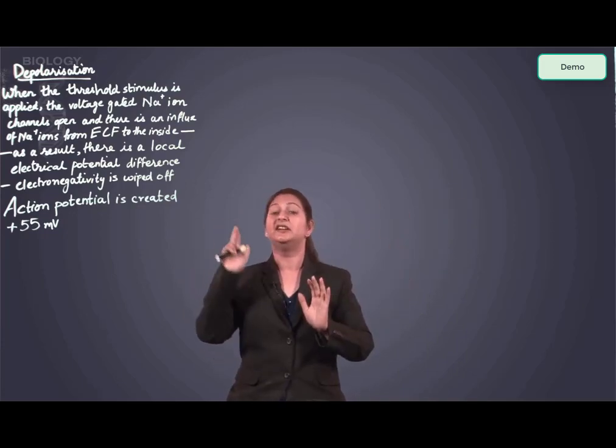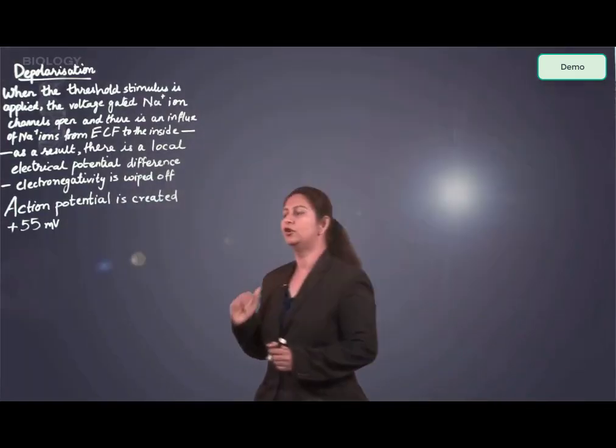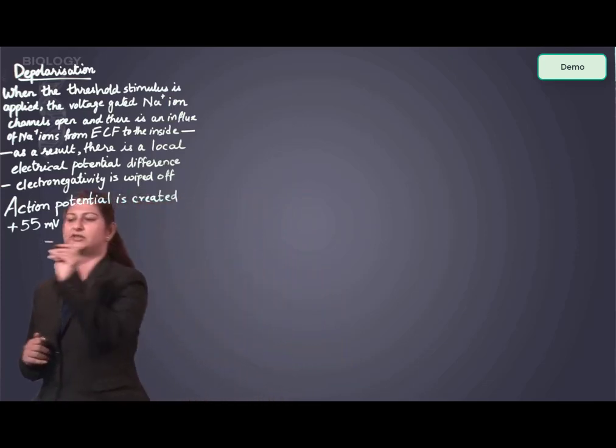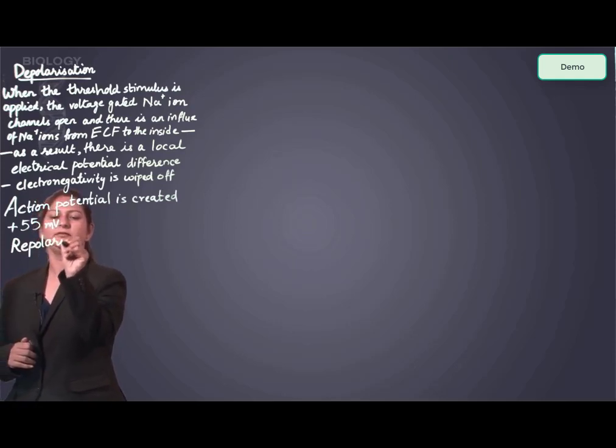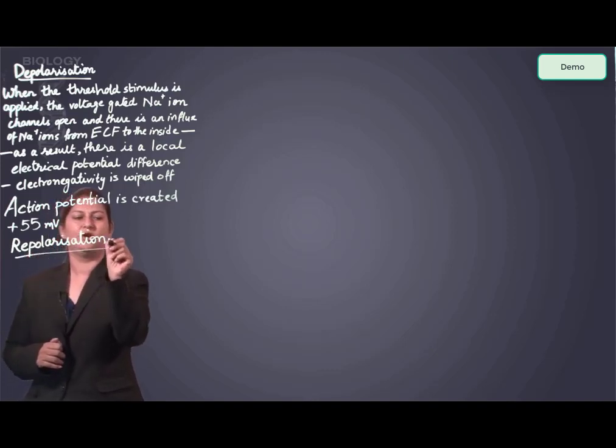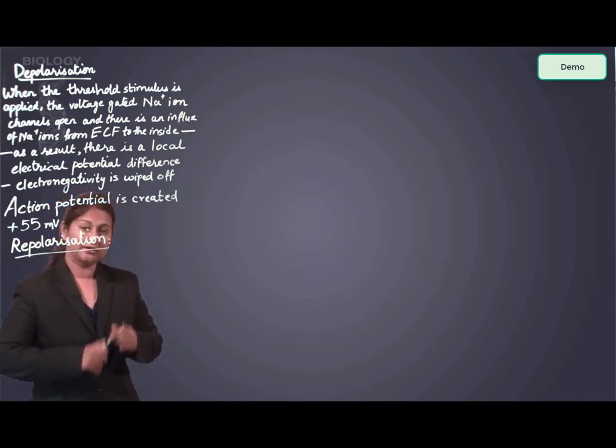So that is depolarization. Following depolarization, what will happen is exactly the opposite, that is repolarization. Now here the process will be exactly opposite, but how is it brought about?